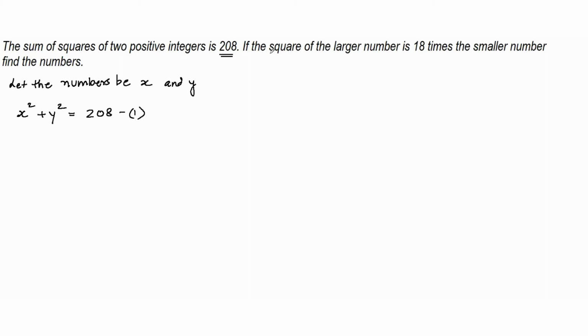And now let's read the second condition. If the square of the larger number, so now between these two, let's assume some number to be larger. So let x be larger and y be smaller. Now it is given that the square of the larger number, which is going to be x square, is 18 times the smaller number, right?